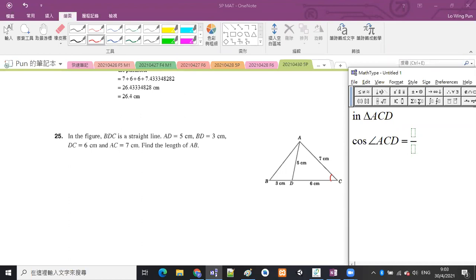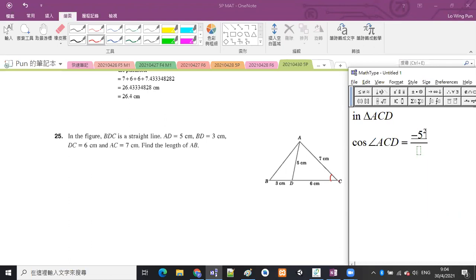If we make cosine theta the subject, then the right-hand side will be a fraction and we'll have a minus term, minus some length squared. That length will be the length which the angle is looking at. I want to find this angle C. Angle C is looking at the 5 cm, right? So it should be minus 5 squared.